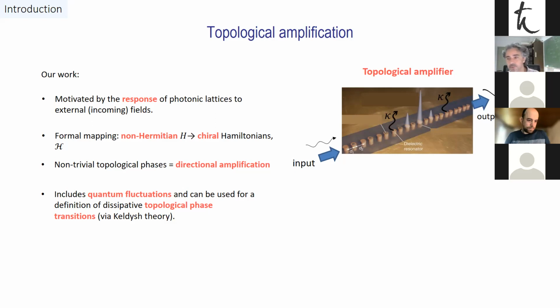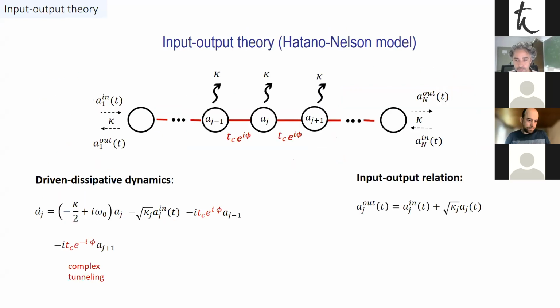Finally, I would like to stress that we are going to look at a theory that allows us to deal with quantum fluctuations as well, which sometimes is not the case in the description of non-Hermitian topological systems.